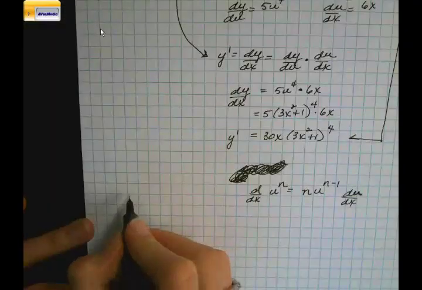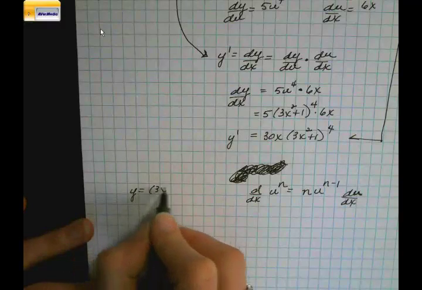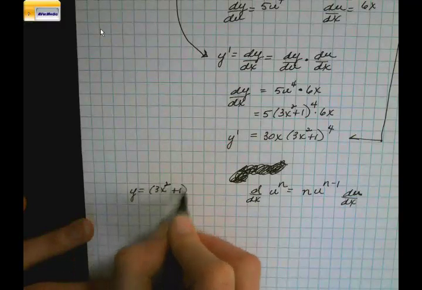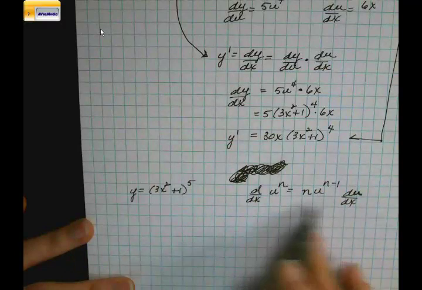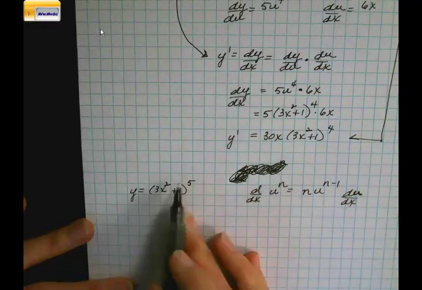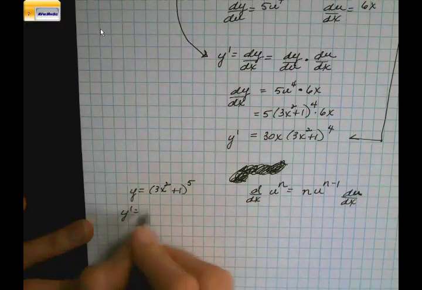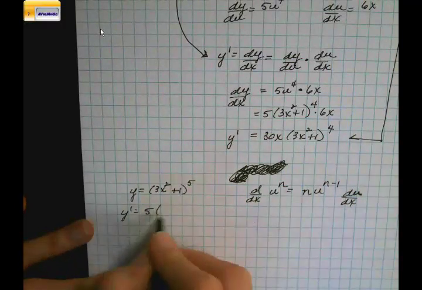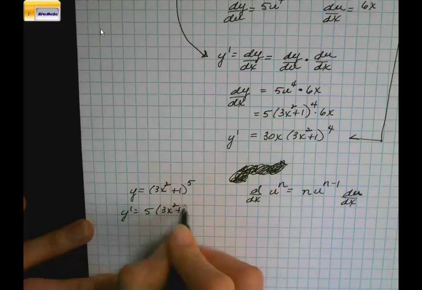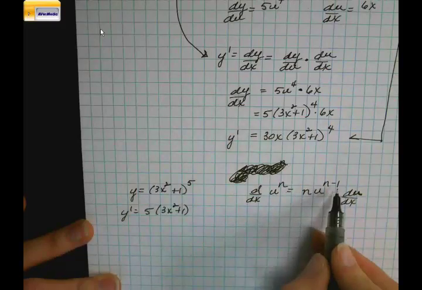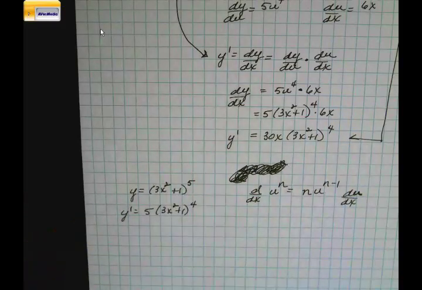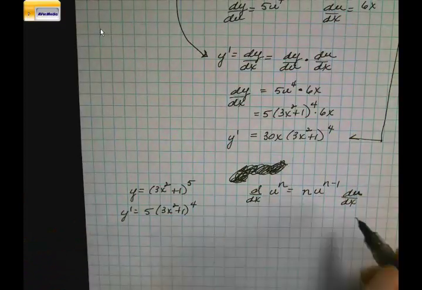Our case was y equaling 3x squared plus 1 to the 5th power. So according to this new setup, I pulled the exponent, the n, to the front, pulled the 5 to the front, write the u, which is the 3x squared plus 1, then the n minus 1, which is 5 minus 1, which is 4. So you pull the exponent to the front, and you decrease the exponent by 1.